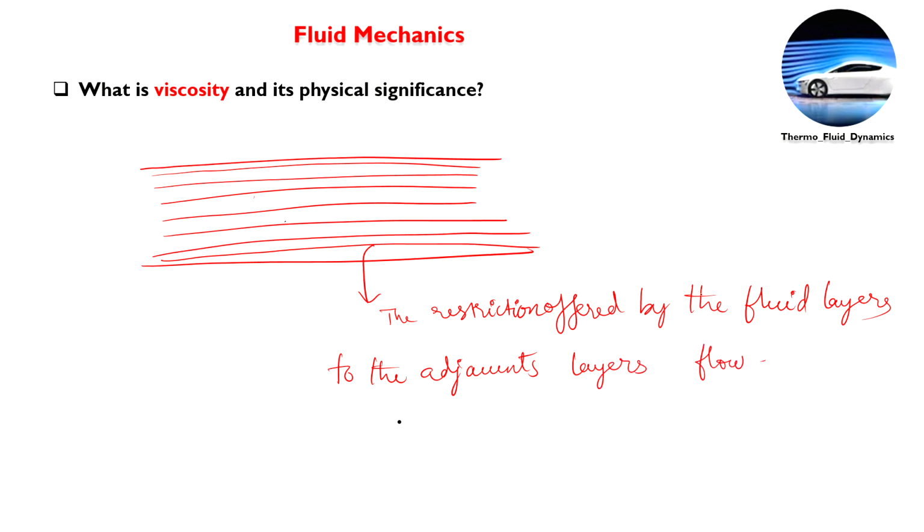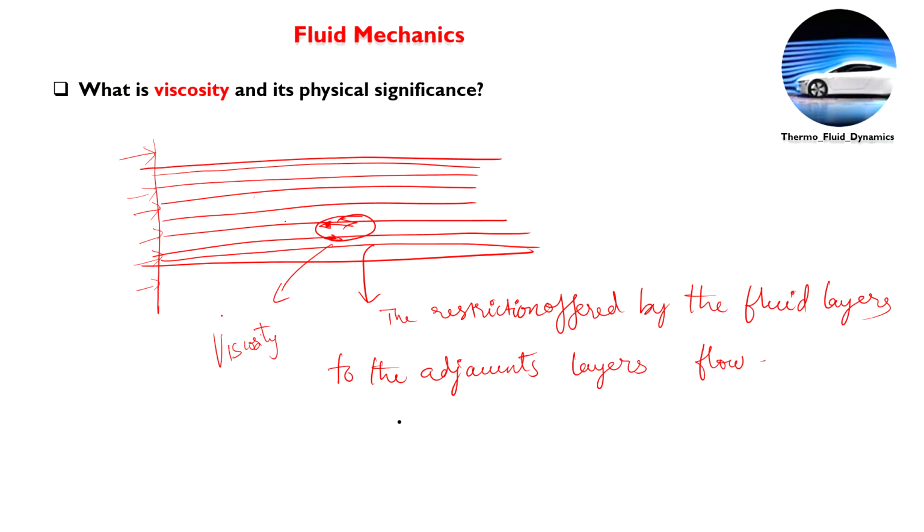So basically, if we consider this layer, it will restrict the flow of the adjacent layer. So it is the resistance offered by the fluid itself towards the flow. For example, if we are applying a force, the resistance offered to this flow by the fluid is basically known as viscosity.